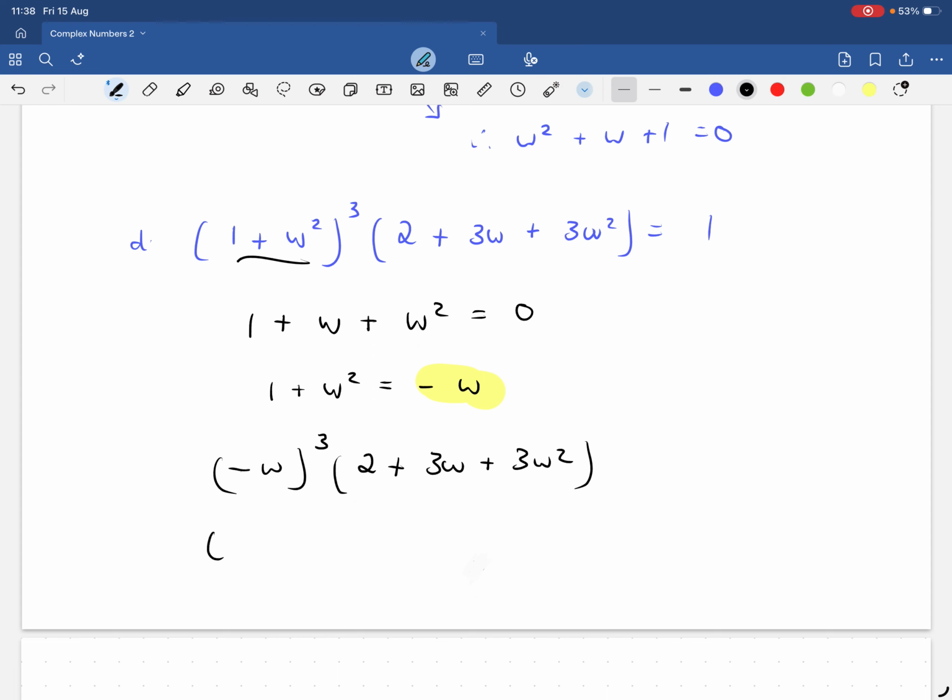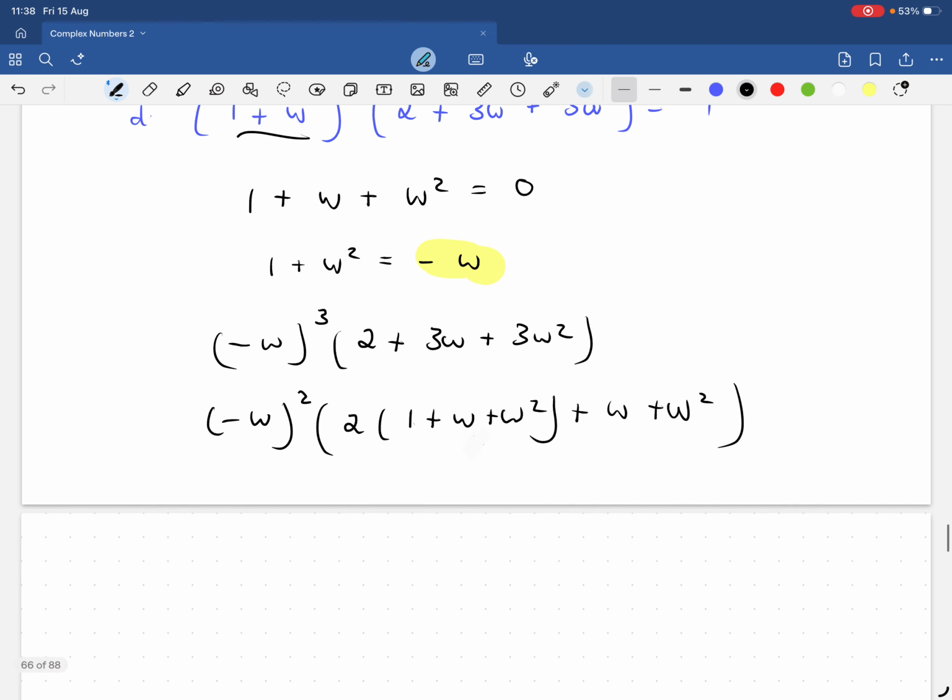And we're going to try and write this in expressions that use 1 plus w squared. So this is the same as 2 outside of 1 plus w squared plus, well, we need one more w and one more w squared.